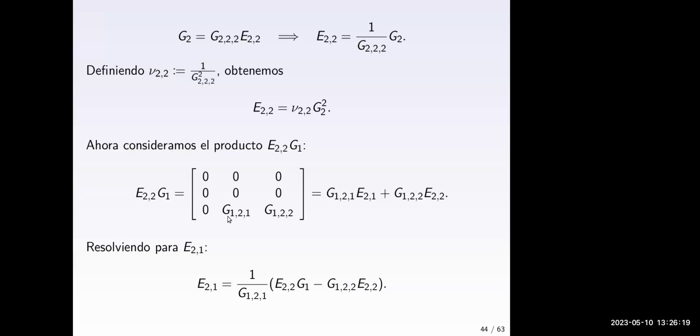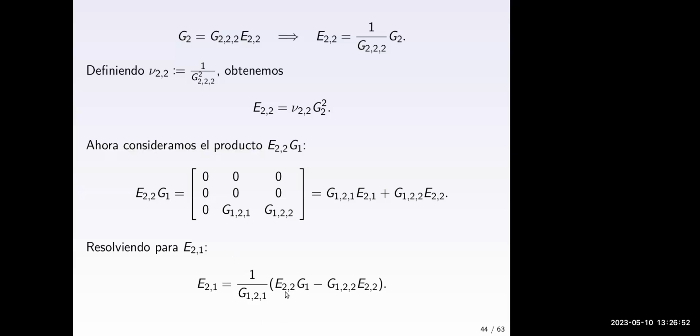So we'll have this expression, the entry 2,1 of the matrix G1, the entry 2,2 of the matrix G1. We could decompose this product in terms of the basic matrix. We solve this equation for E21 and we get this expression.